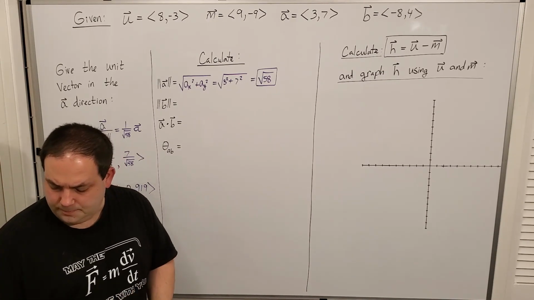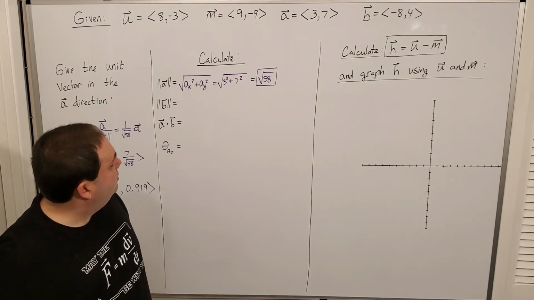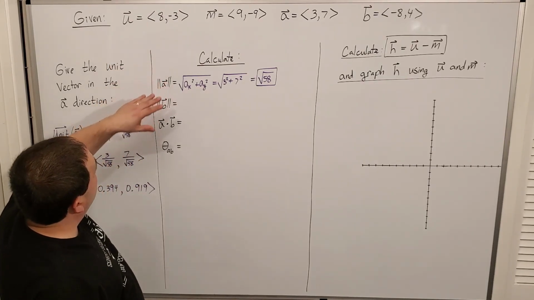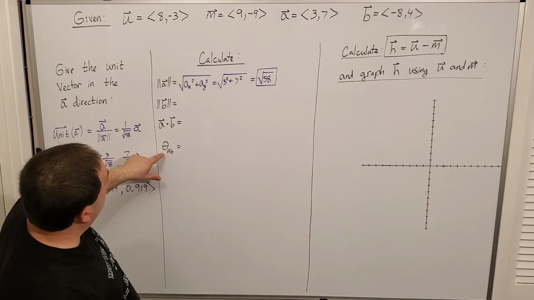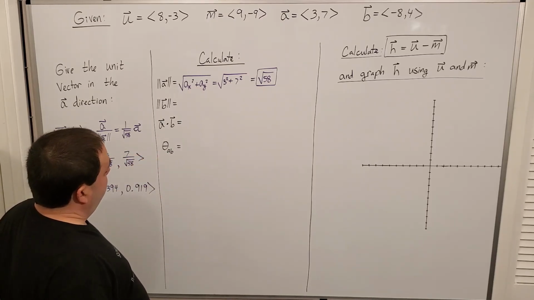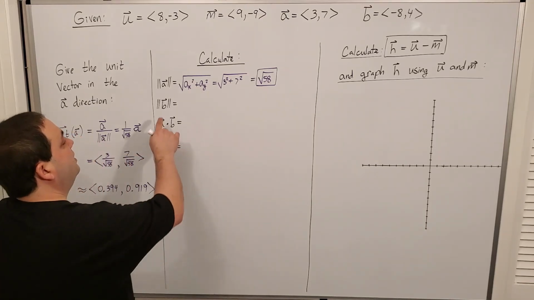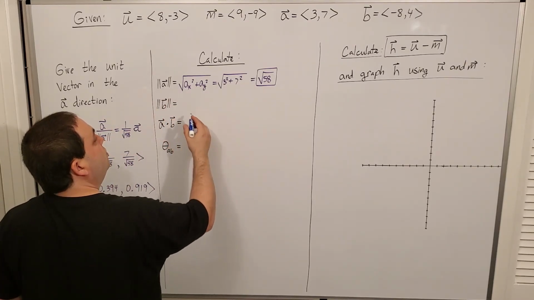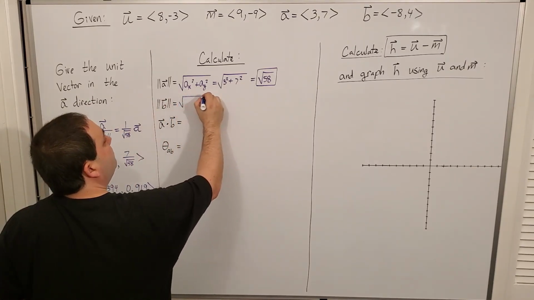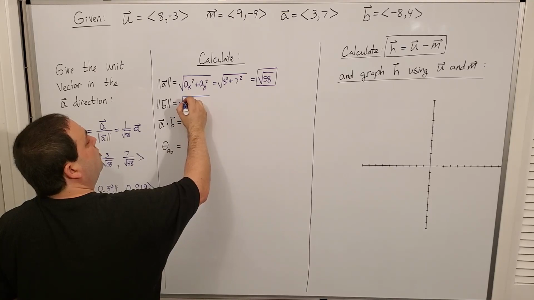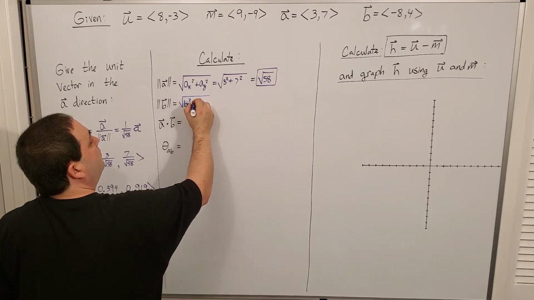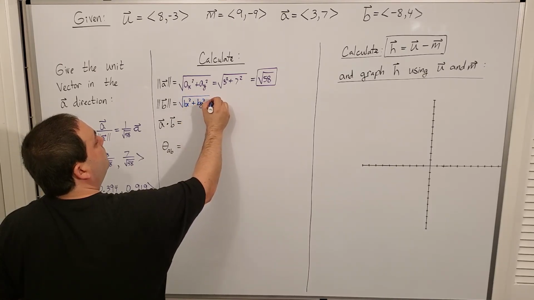Okay, next we have to compute the magnitude of B, then the dot product, and then the angle between vectors A and B. So let's continue here. The magnitude of vector B is going to be the square root of bx squared plus by squared.